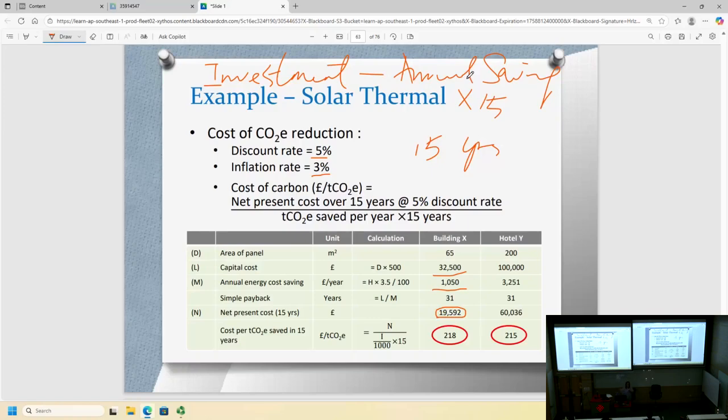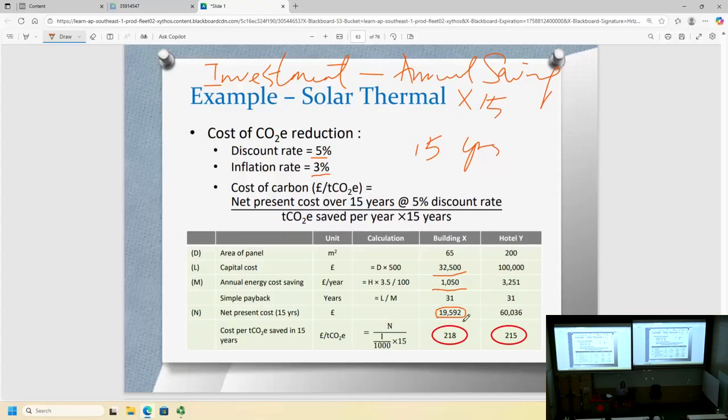And if we are considering 15 years of duration, this is the cost of this system after 15 years. It's just that for calculating this cost, we consider the net present value. We consider the discount rate and also the inflation rate. This calculation will be explained very soon on the next slide.